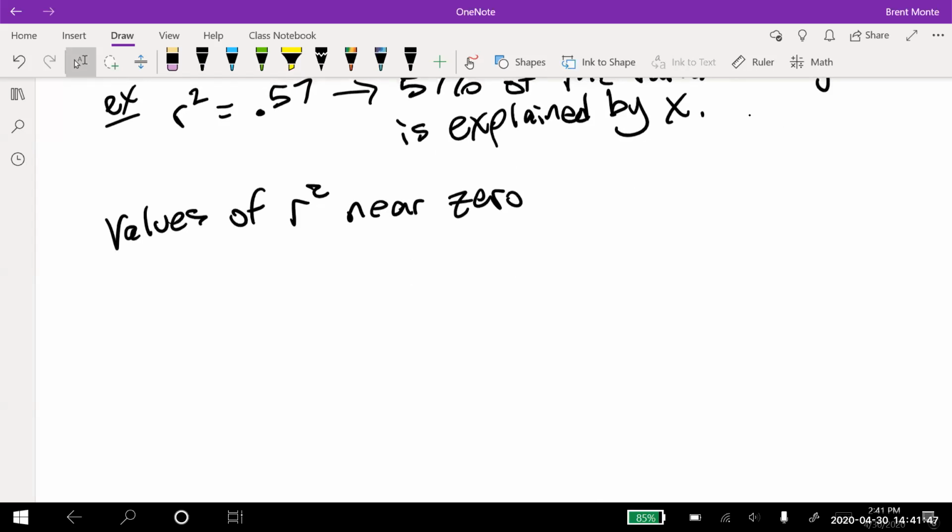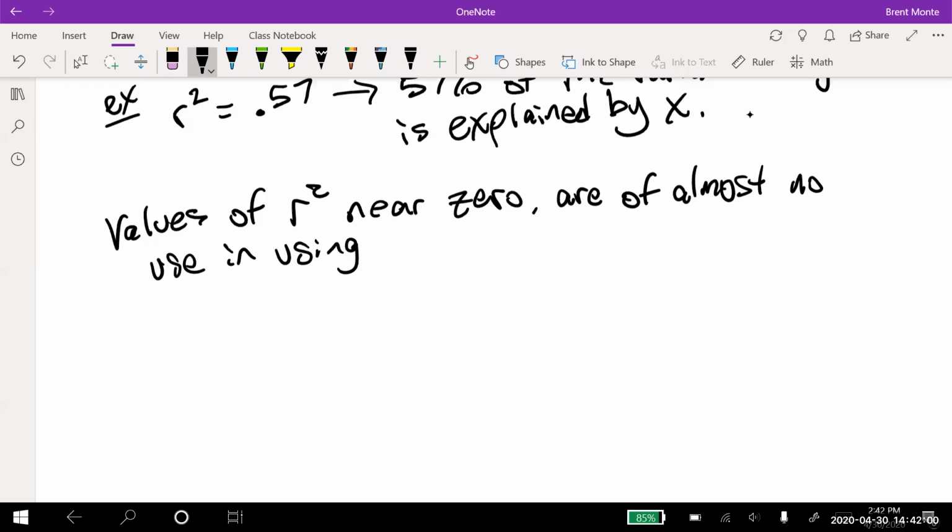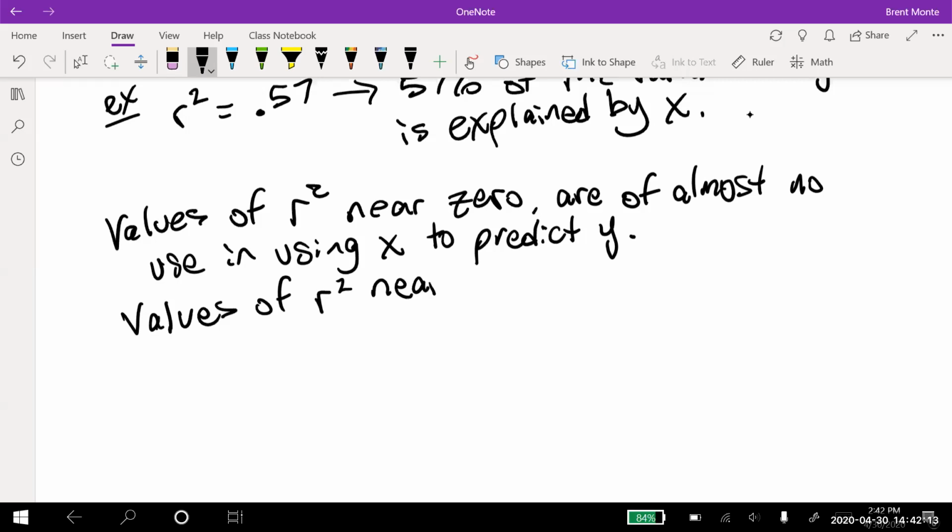So values of r squared near 0 are of almost no use in using x to predict y. And of course, the other way, values of r squared near 1 are very useful in using x to predict y.